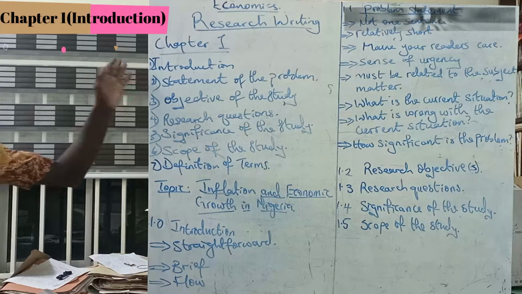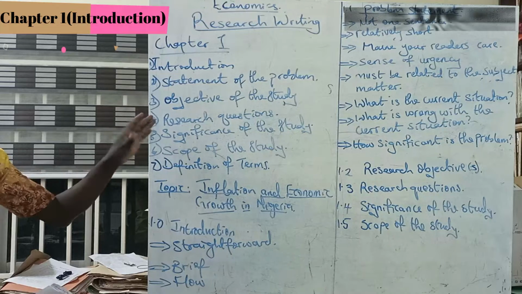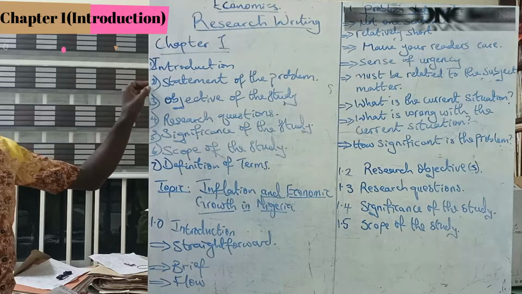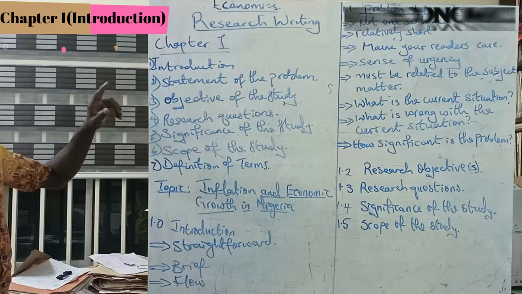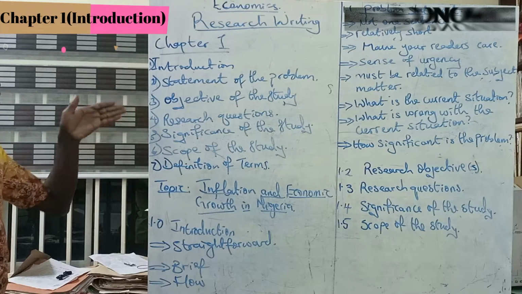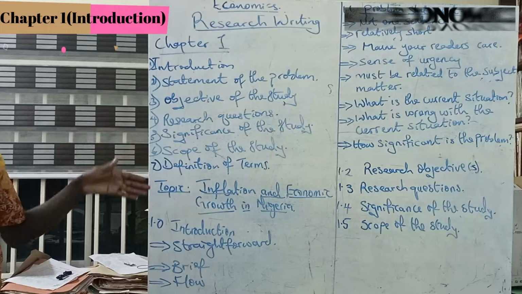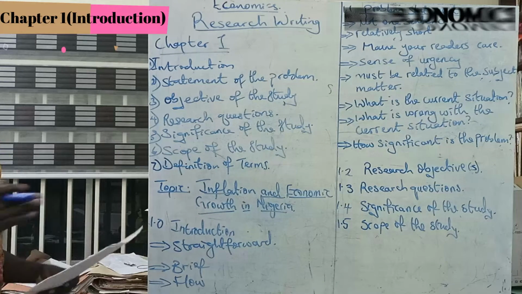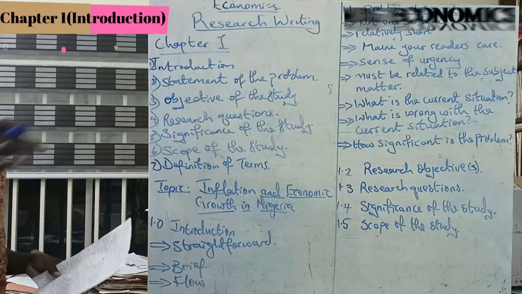There's a way you number all of these things in your project. This is going to be 1.0, this is 1.1, objective is 1.2, 1.3, 1.4, 1.5, 1.6. You're using 1 point because it's chapter 1, right? Other subheadings are the ones that have the point in front of them.